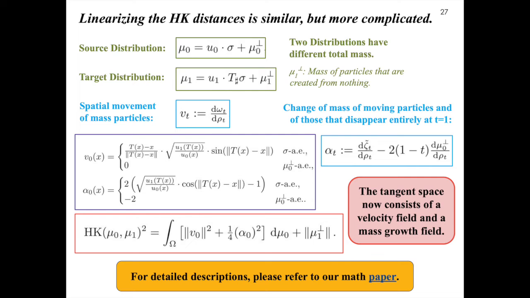Is the reason why the linearization is so powerful that we can reduce everything to matrix multiplication? I would say the reason is that the W2 and the HK distances have a Riemannian structure. That is what allows you to do the linearization, to put on a tangent space.